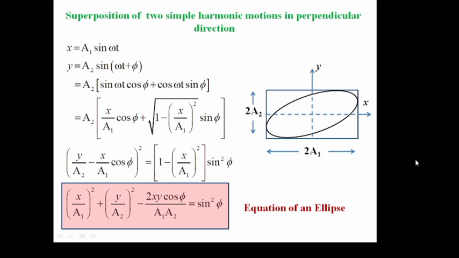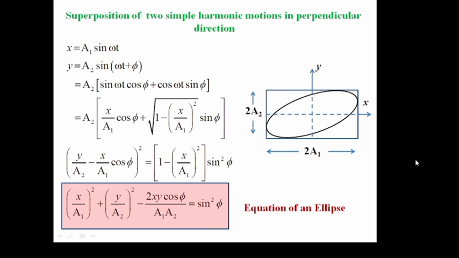Using the form x equal to a1 sin omega t, the form we get is nothing but the equation of an ellipse, where in the x-axis the amplitude is 2a1 and in the y-axis the amplitude is 2a2. Now if we change the angle phi, that is the phase difference between the two waves, how will this form change? It is the general equation of the ellipse.